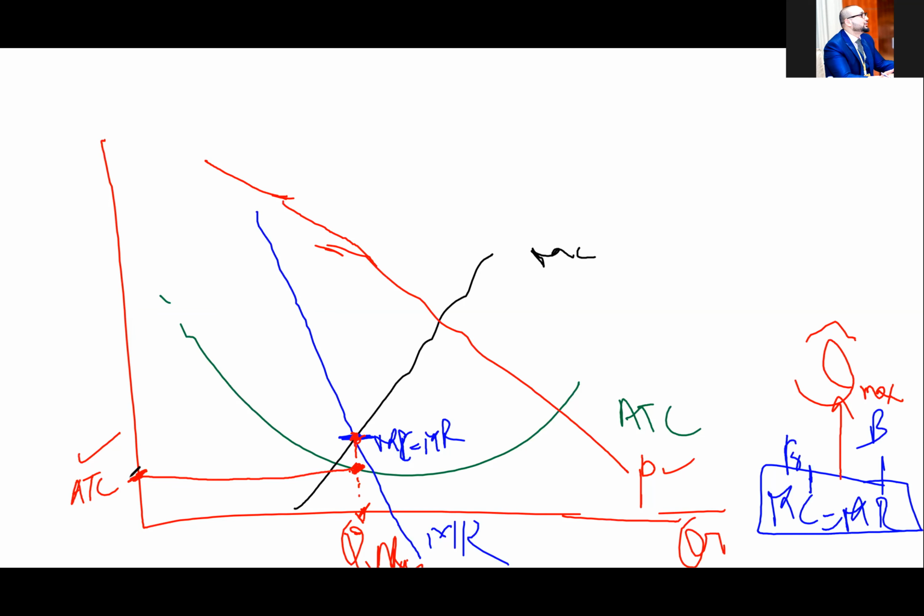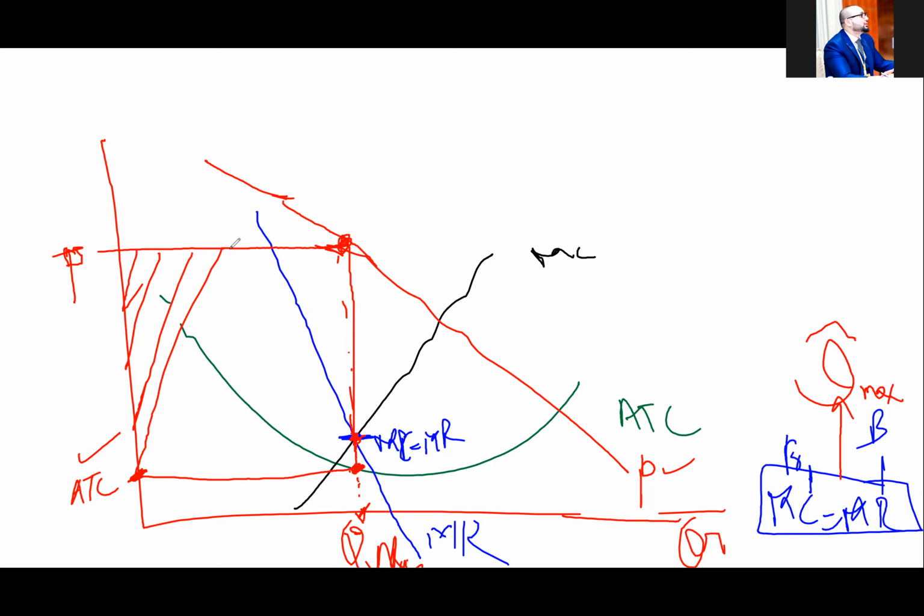It costs us this, and what is the price when we sell it? It's on the price line, right? So this rectangle, the whole thing, is the profit.